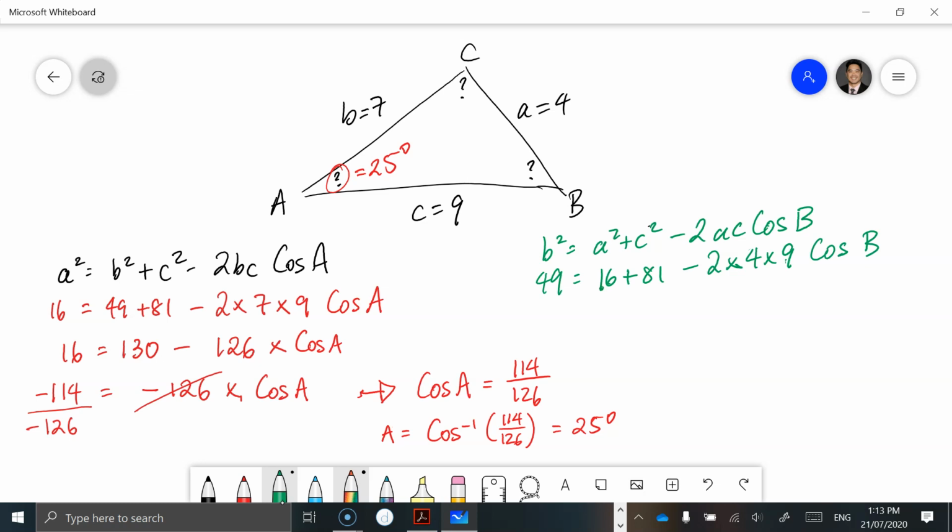So we've got 49 equals 97 minus 72 cosine of B, and we're going to subtract 97 from both sides.